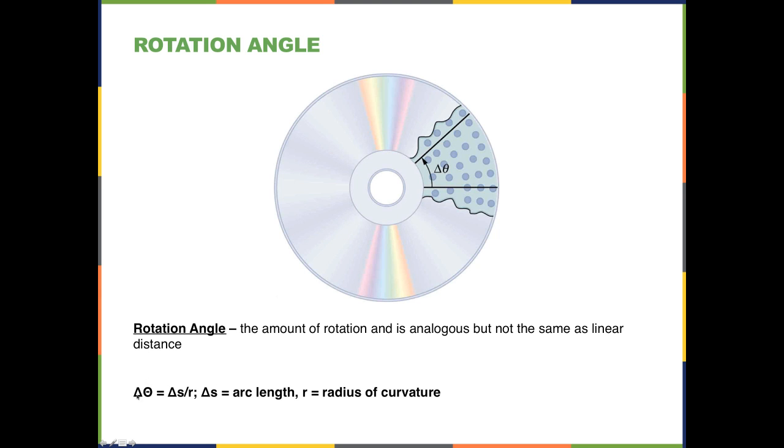So delta theta is equal to delta S divided by R, where delta S is the length of this arc right here, and R is the radius of the circle, or radius of curvature.